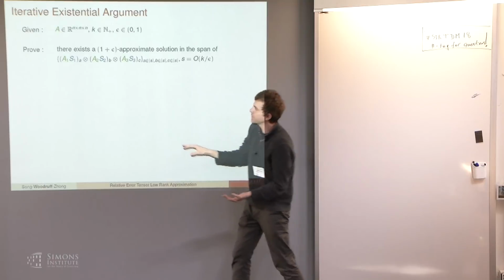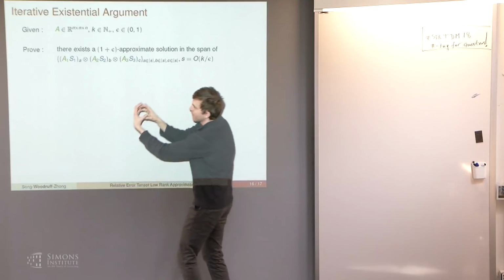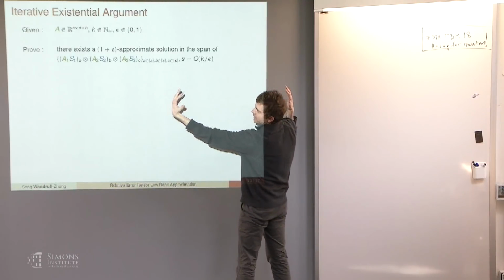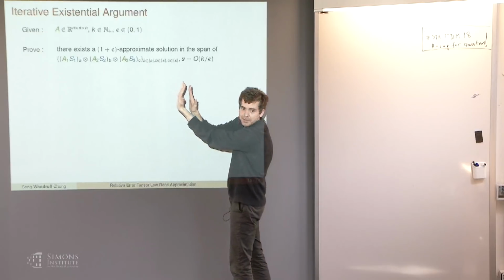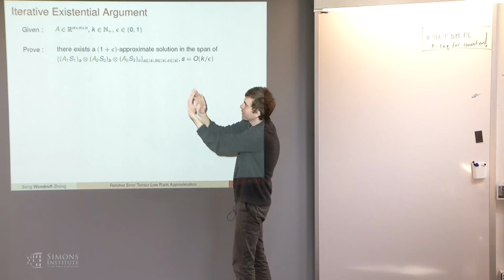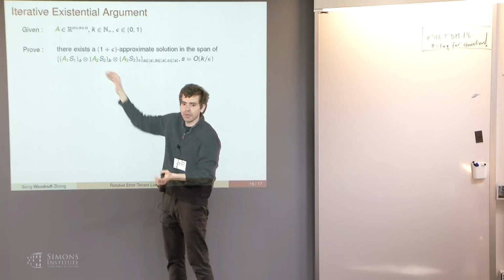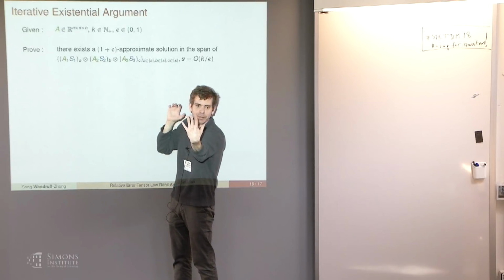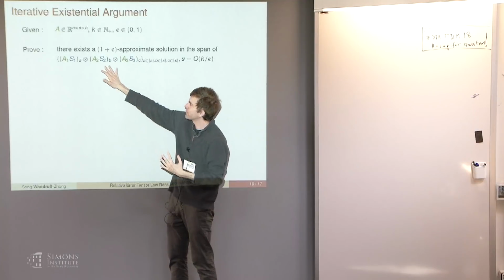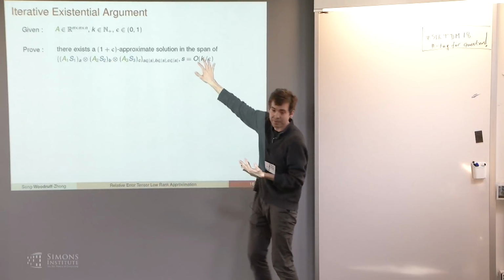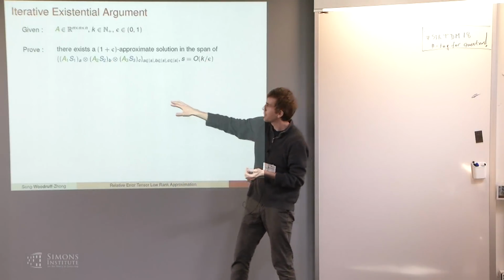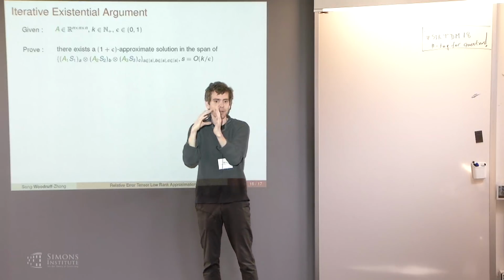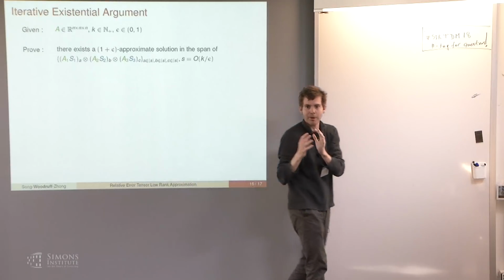So when I compute A1 S1, it takes this n by n squared matrix and squashes it down to an n by s matrix with a very small number of columns. I'm going to take A2, this other flattening, n by n squared, and squash down the number of columns to s again, to k over epsilon. I'm going to take A3, and squash it down to k over epsilon columns.